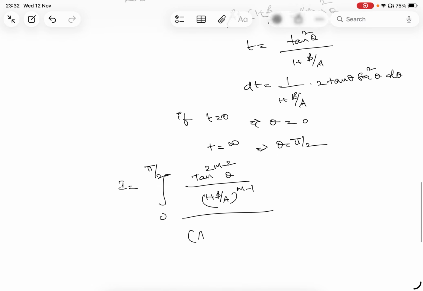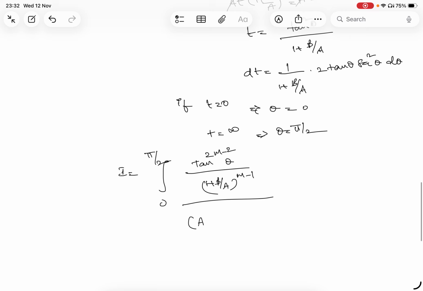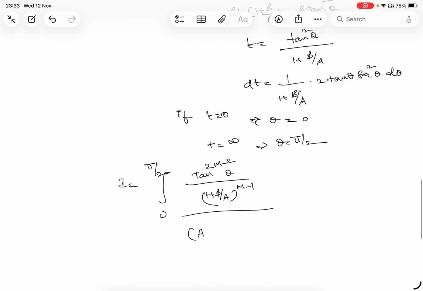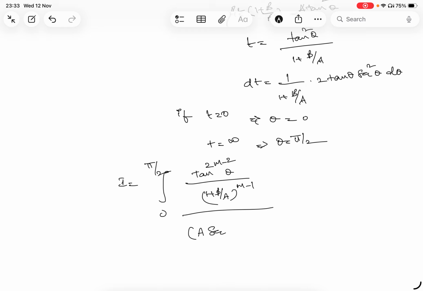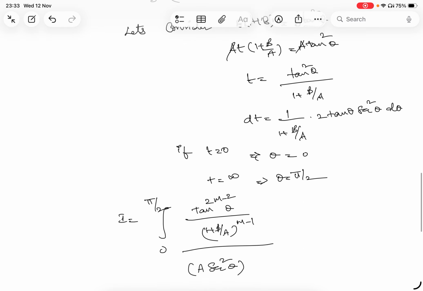We have written t into a plus b is a tan square theta. This will be a tan square theta. If you take a as common, then it will be 1 plus tan square theta, which is secant square theta. Then you can write a secant square theta into m plus n.